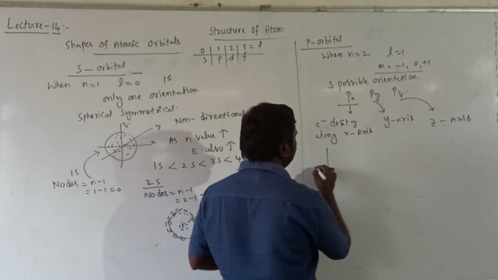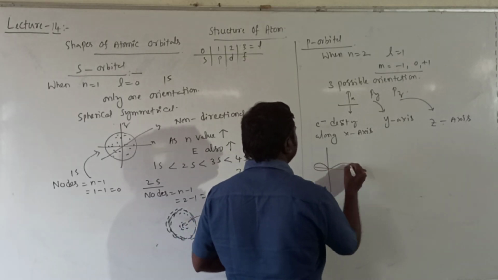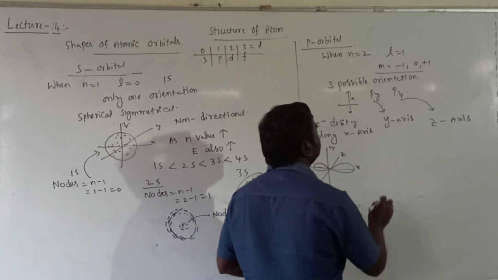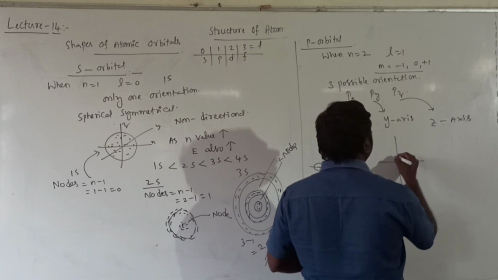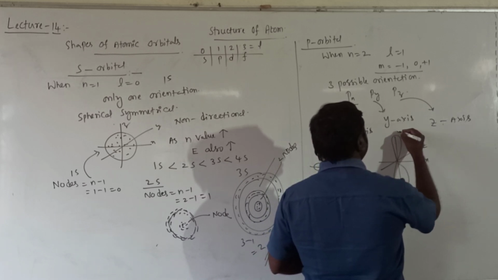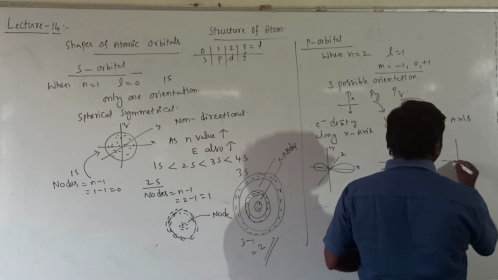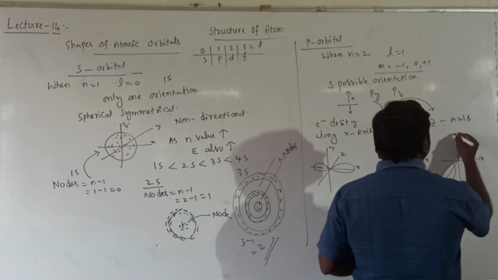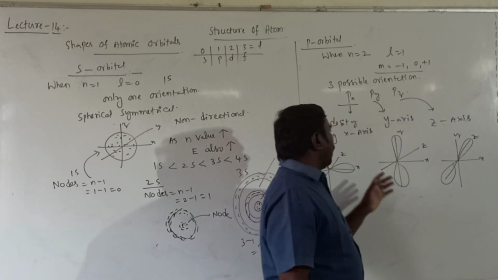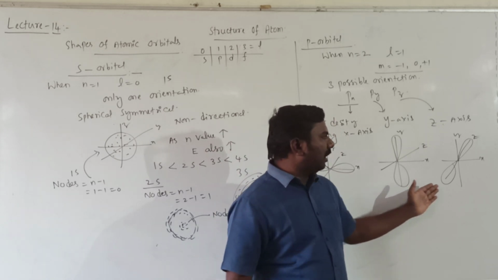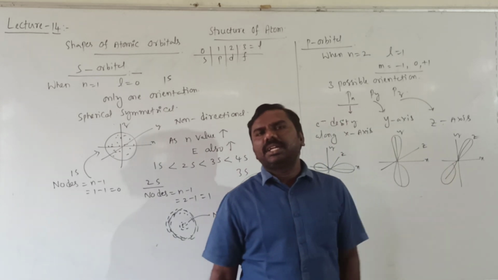So if you consider this, this is x, y, z, and this is y, x, z, and next one is the z orbital. So along the x-axis px, along y-axis py, along z-axis pz orbital.